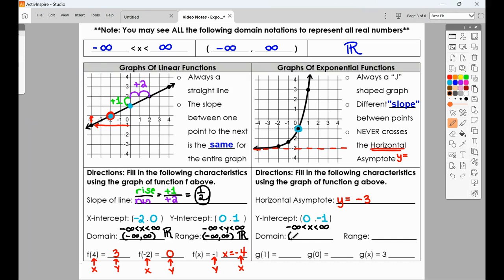That's going to be negative infinity less than x less than infinity. You can also put it in parentheses with negative infinity, comma, infinity. Or you can write the fancy R. We want to make sure we know all three notations at the top of our page. Range is different though, be careful, because I have a do not pass line at -3.